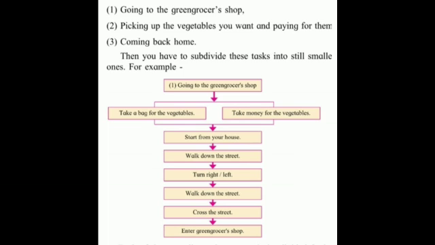Each of these smaller tasks can again be divided further into even smaller tasks. So you can try to do that choosing any of the above steps. In this way you can divide your steps to purchase vegetables from the shop.